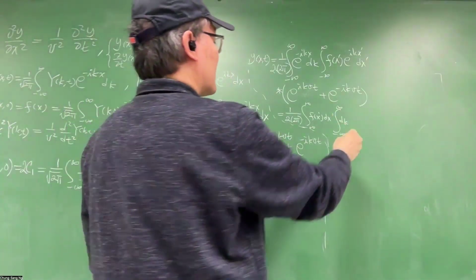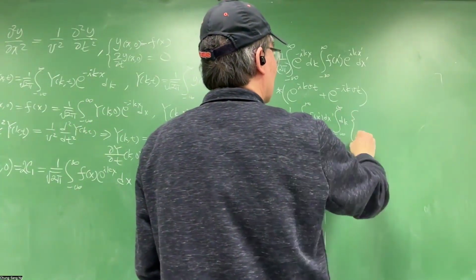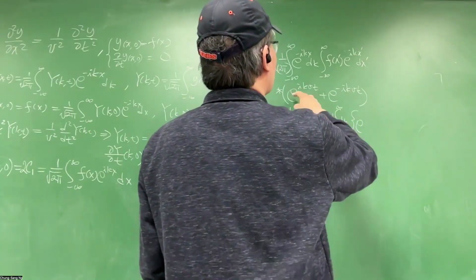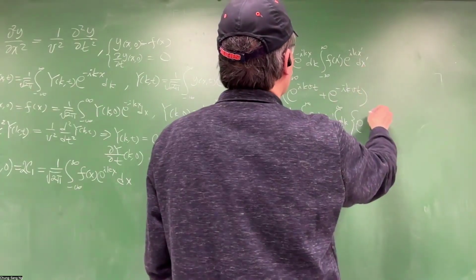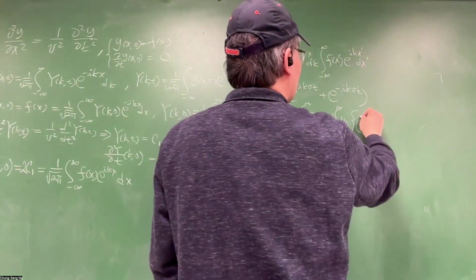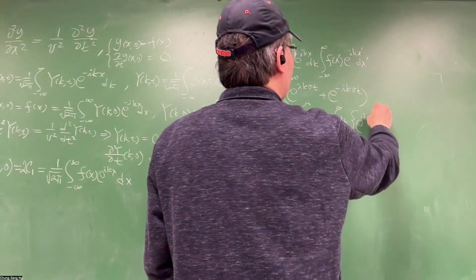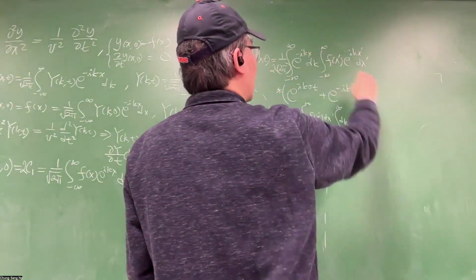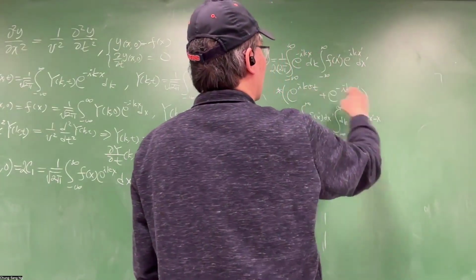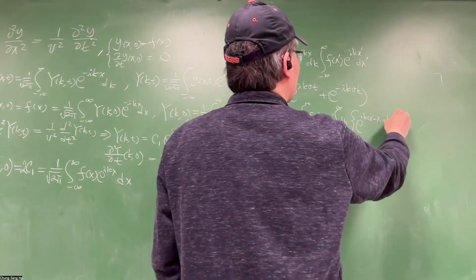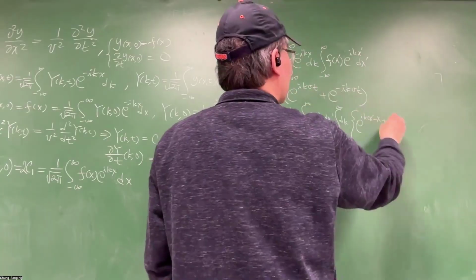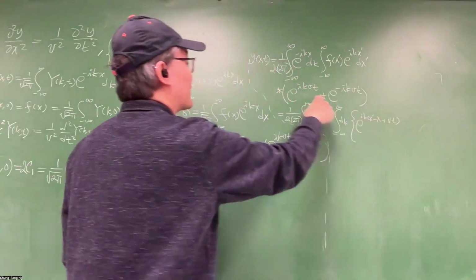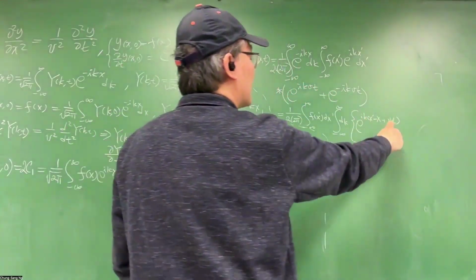And there will be two terms. One is e to the i k times x prime minus x, and then plus k v t.